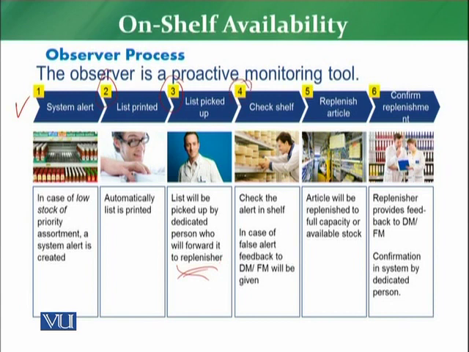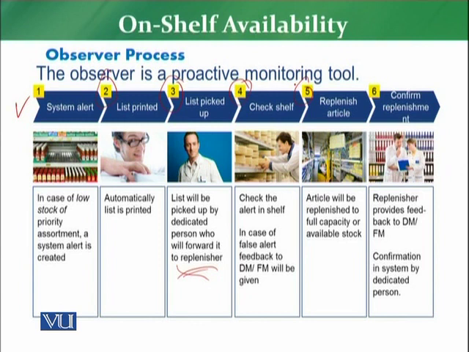Then you have to check the shelf. In case the products are already available on the shelf, it was a false alert from the system, so you can make corrections immediately. Or if it is right, of course, you have checked the shelf and you have improved your shelf availability.